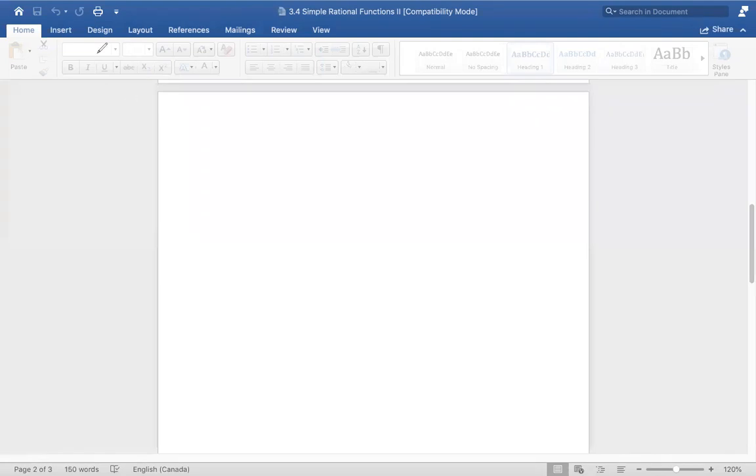All right, so end behaviors for the y restrictions. So again, explain to me what you're doing. Right now I'm looking at the end behaviors for my y restrictions.